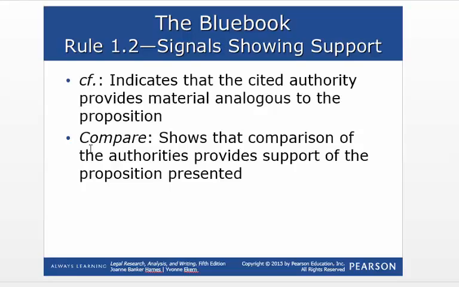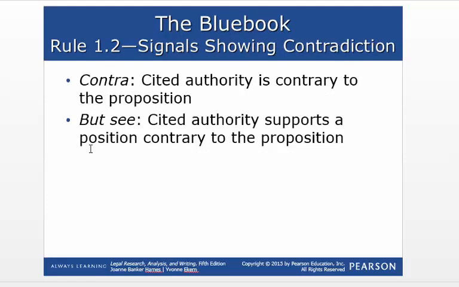The cited authority is material that follows along the same lines through analogy with what you're stating, and then you use compare to show that the authority that follows is a comparison of authorities that provides support for whatever the argument you're making is. It really is hard to understand it in the abstract, so it'll be good when we get to a couple examples.